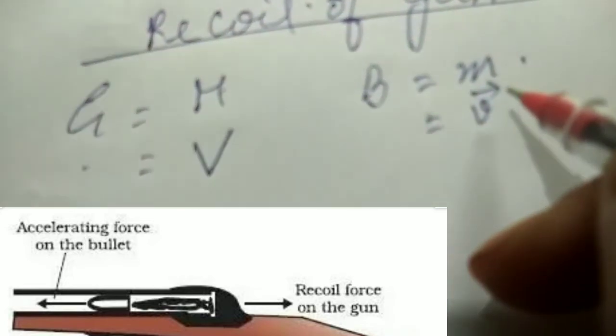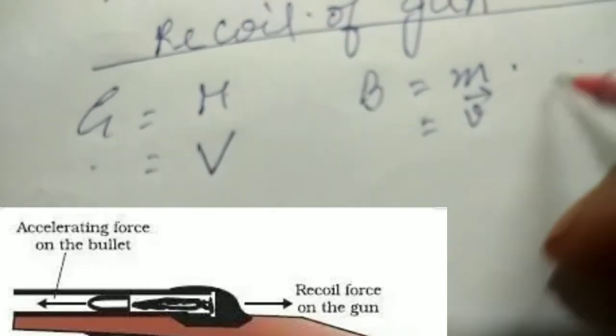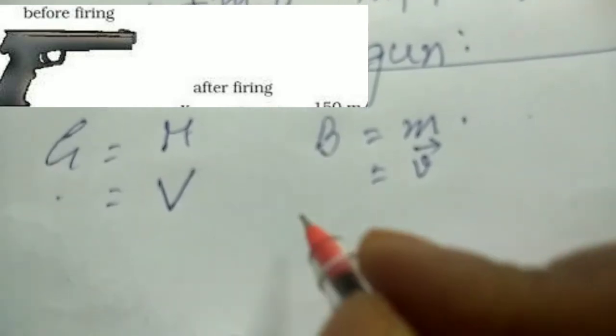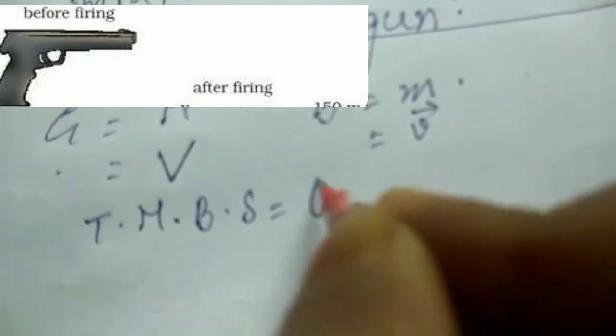So before the system starts, initially before shooting, total momentum of the gun will be 0.